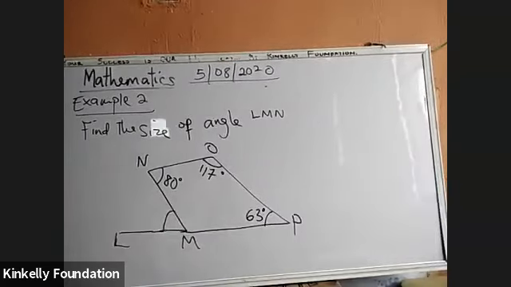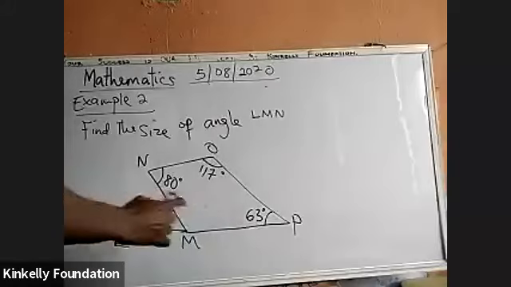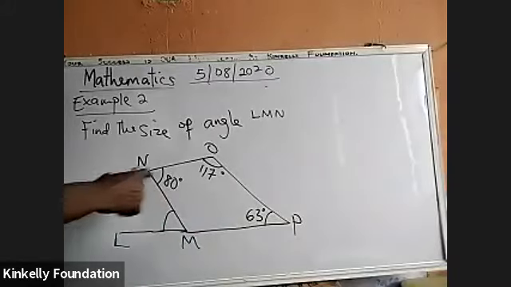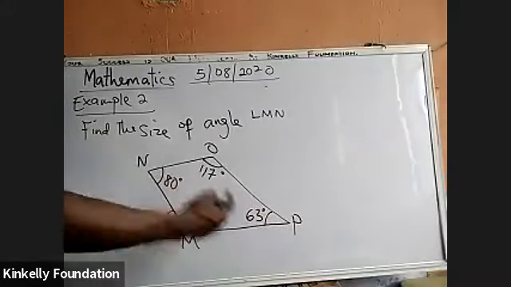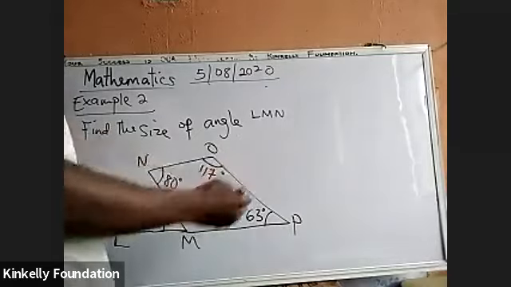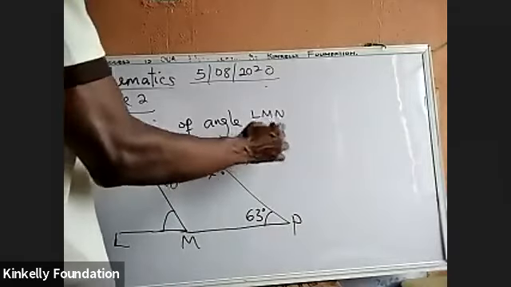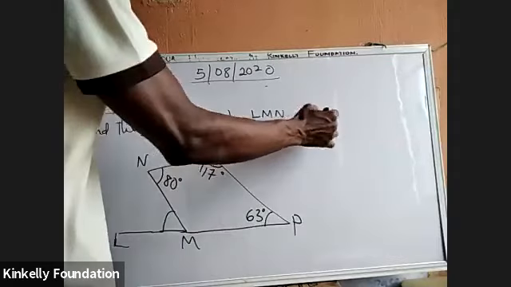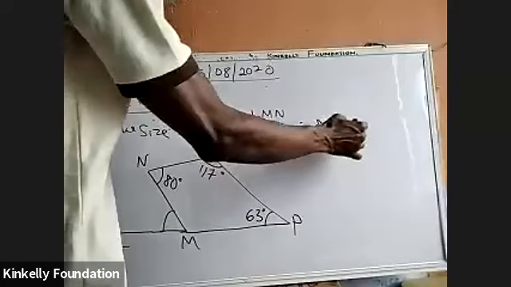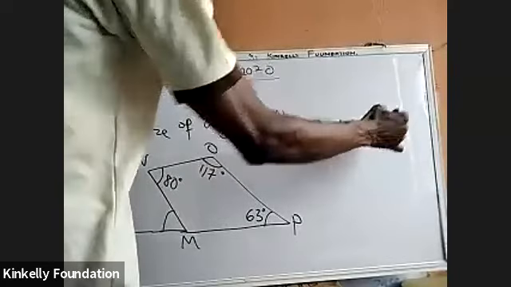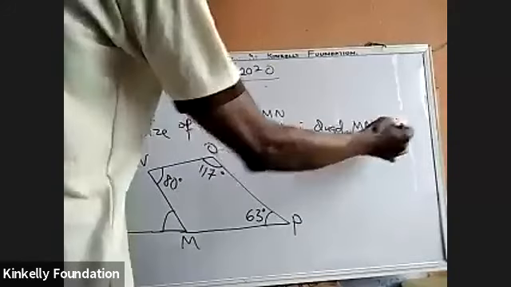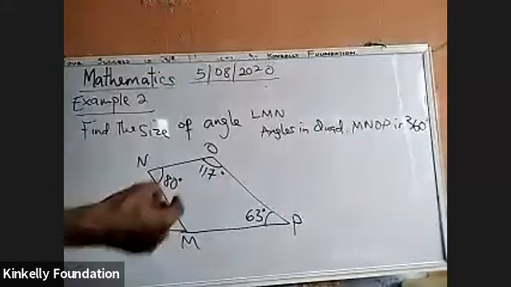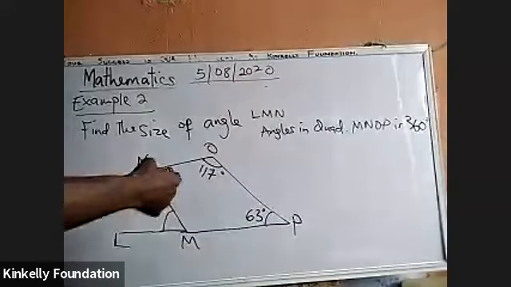Now, in solving this problem, you know that MNOP is a quadrilateral. Then the angles inside quadrilateral MNOP sum to 360 degrees. Remember our rule?